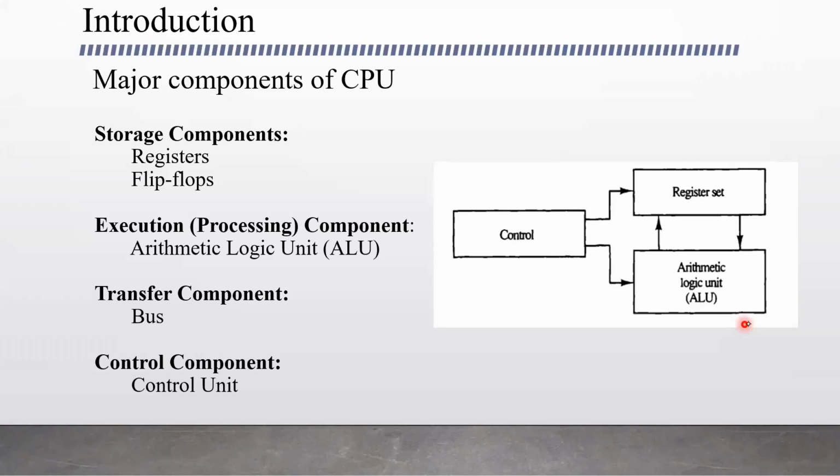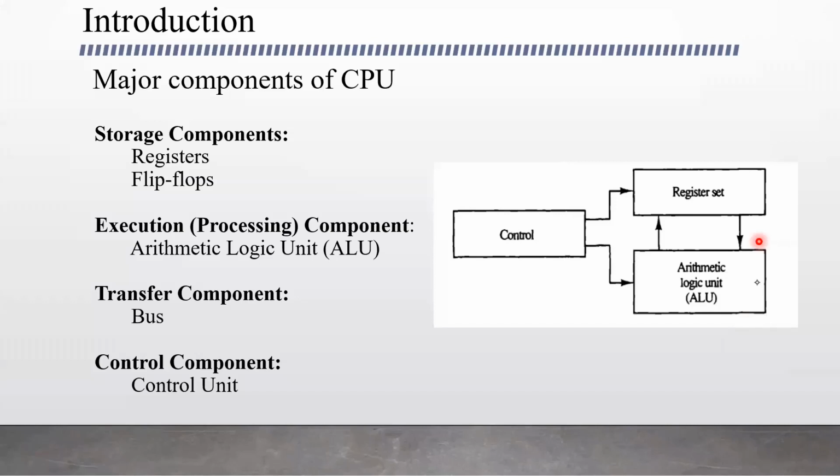And all these functions need to be controlled, so we have the control unit. It controls the transfer of information between the registers, correct? And it instructs the ALU which operation to perform, transferring the data from the registers to the ALU for processing, and what operation needs to be performed is also instructed to the ALU by the control unit.